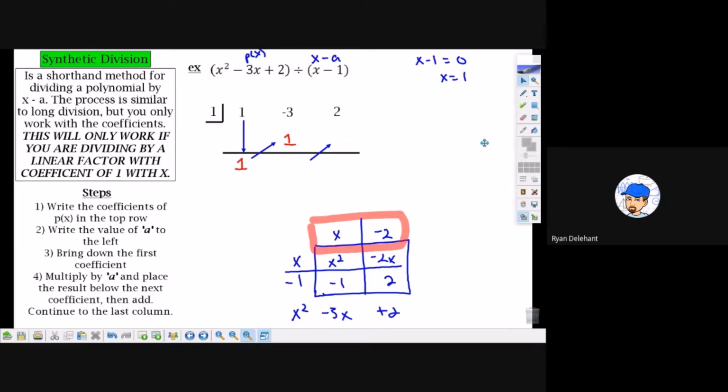Then add. So that means I'm going to add these two numbers together. It's always add. -3 plus 1 is -2. And then I'm going to repeat this process until I get to the end, until I run out of numbers. So now -2 times +1 is -2. 2 plus -2 is 0.